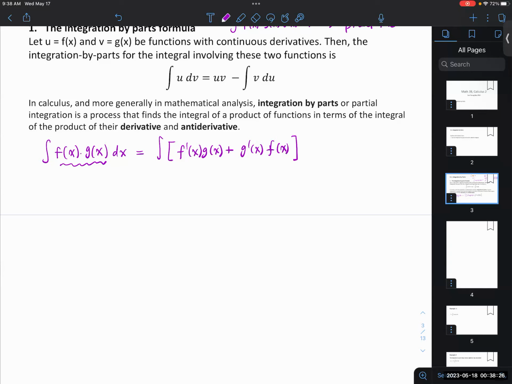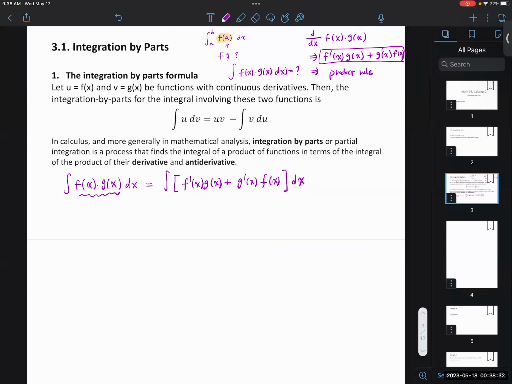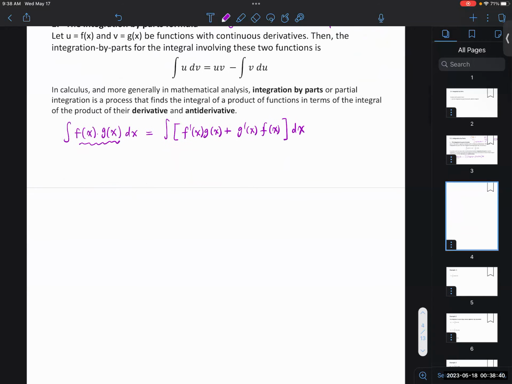And then we are taking the integral. It looks a little bit complicated because I'm trying to use a similar idea to what we did in differentiation, but we are trying to take the integral.